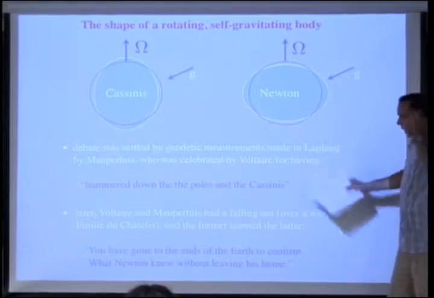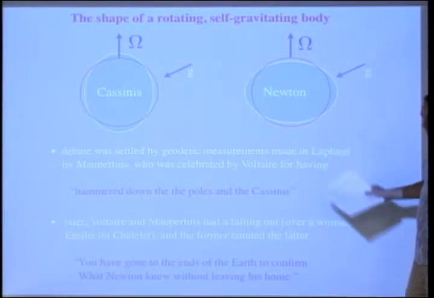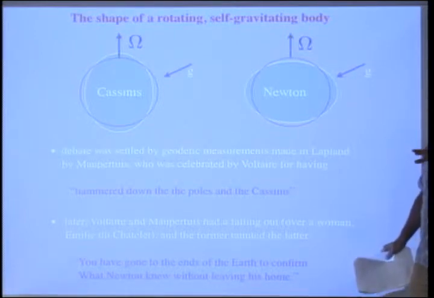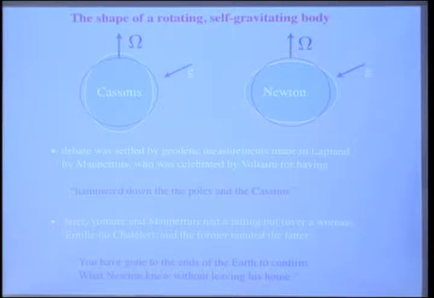Maupertuis was a French scientist, and he went to Lapland. He went up north and took geodetic measurements, which basically give an idea of the shape of the Earth, and so he was able to confirm Newton's predictions that the Earth was oblate.